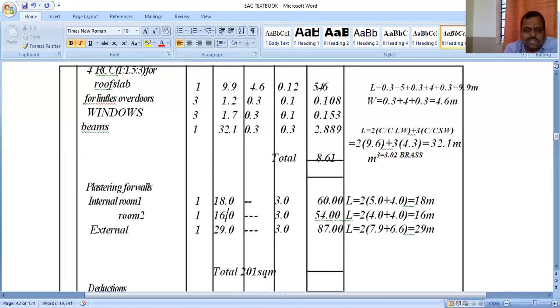The width we never write, because for plastering we directly mention the thickness of the plastering, and the height will be no doubt 3 meter for all these. So here the answers will be like this. You have to calculate it. 18 into 3 will be 54, and 16 into 3 will be 48.